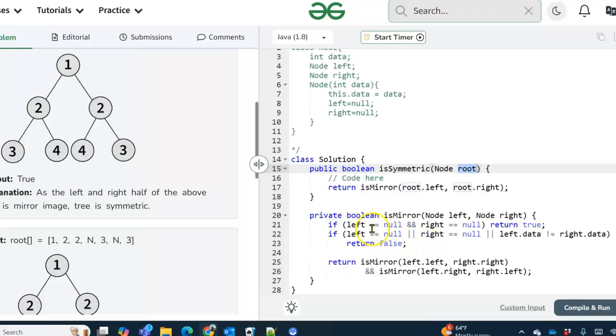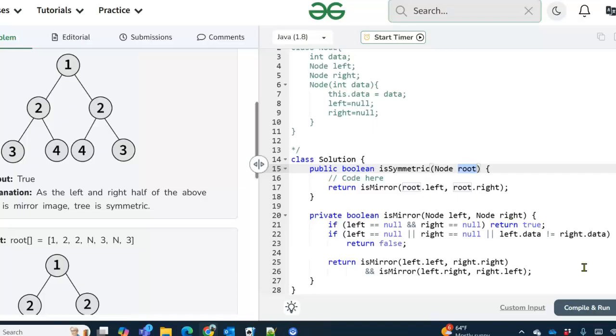Now, if left is null or right is null, and we've already established that they're not both null, if one of them is null, then we've got to return false. Or if the data is not equal, we've got to return false. Those are the base cases.